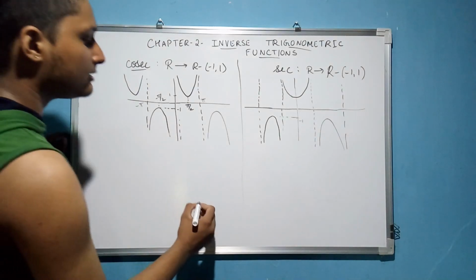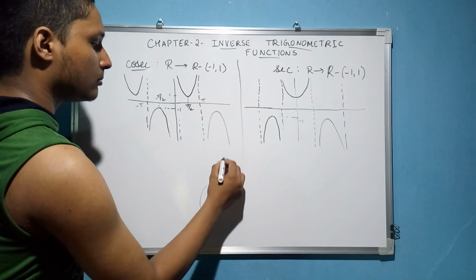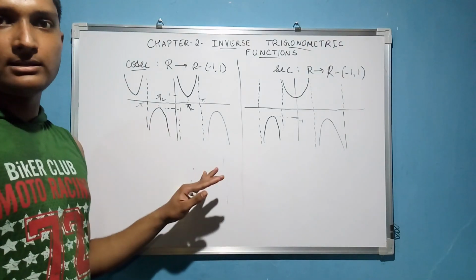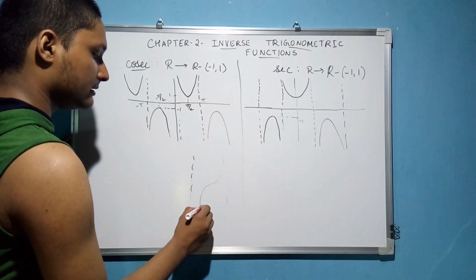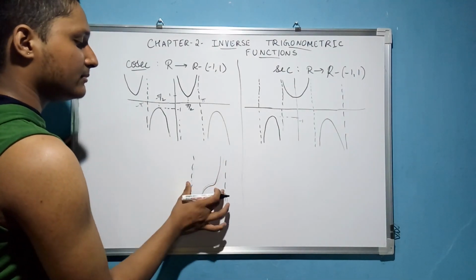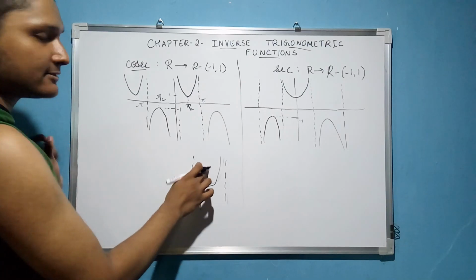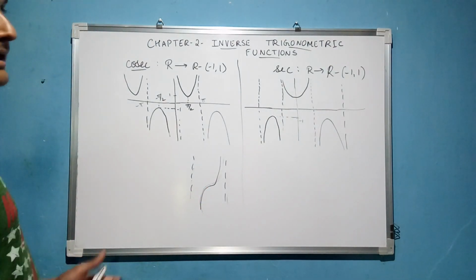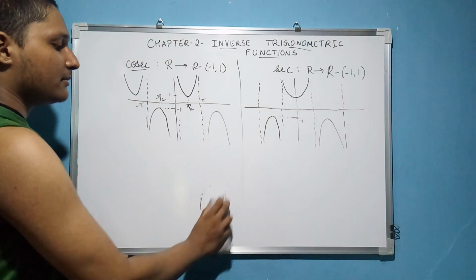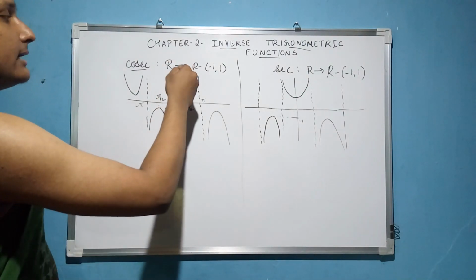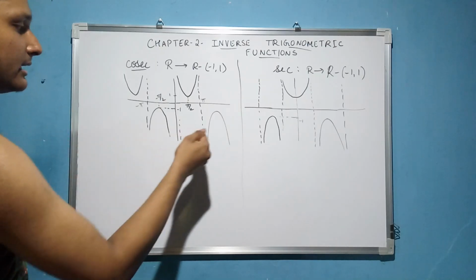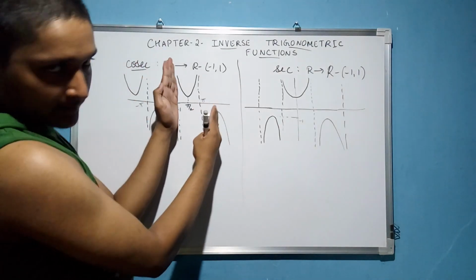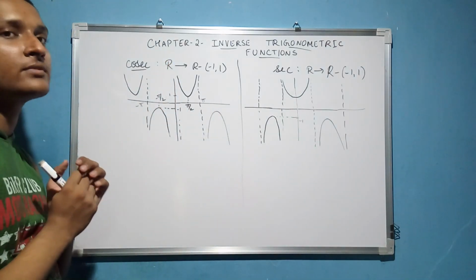In the tan and cot, you had the dotted lines like this in the graph, and in between that you had both positive as well as negative values that tan or cot could take. But in this case you can find out that only this curve takes only positive and this part of the curve takes only negative. That means that you need to cut two parts and just join them.